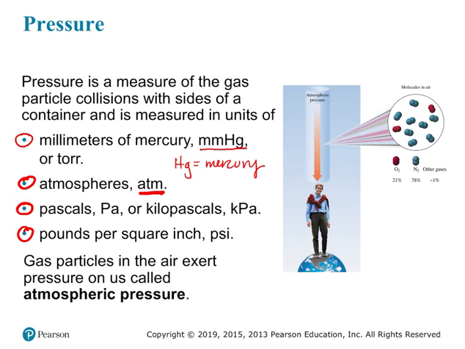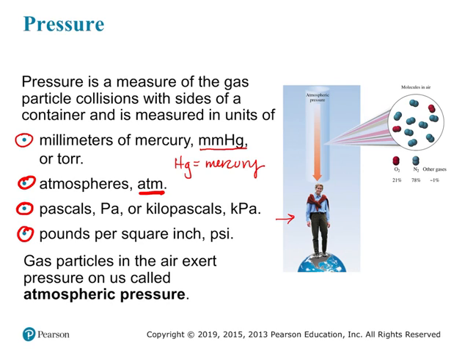Now, the reason pressure is so important with gases is that pressure can have a huge effect on the other variables we talked about. As an example, gas particles in the air around us exert pressure on us, and that's called atmospheric pressure. Over on the right, you can see this guy is standing on the Earth, and atmospheric pressure is pressing down on him.